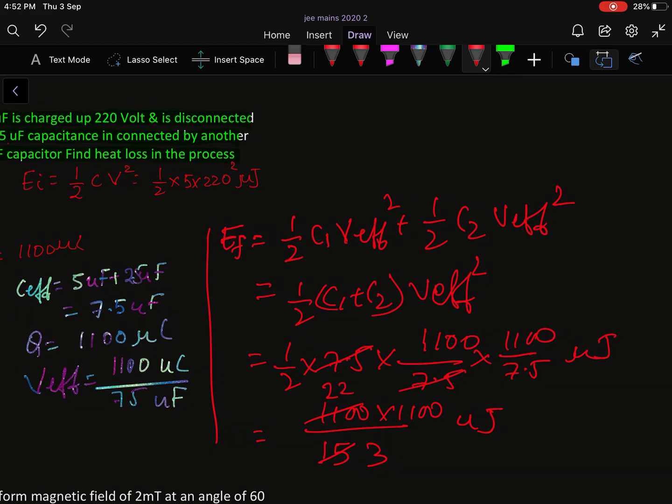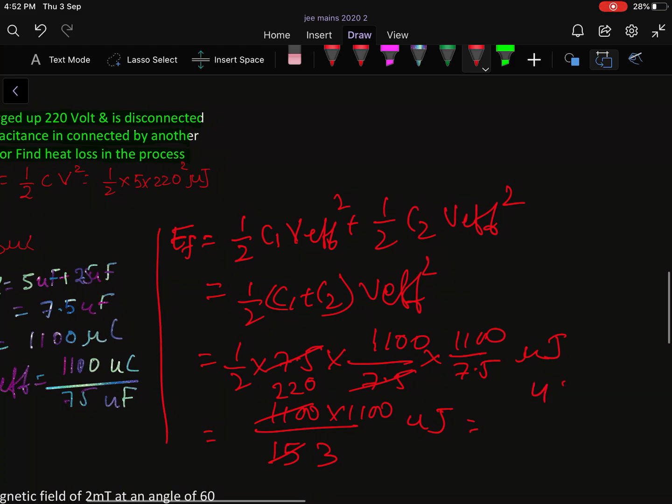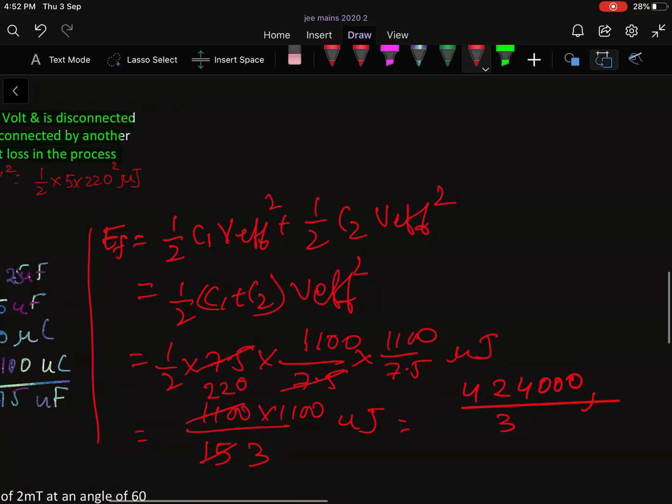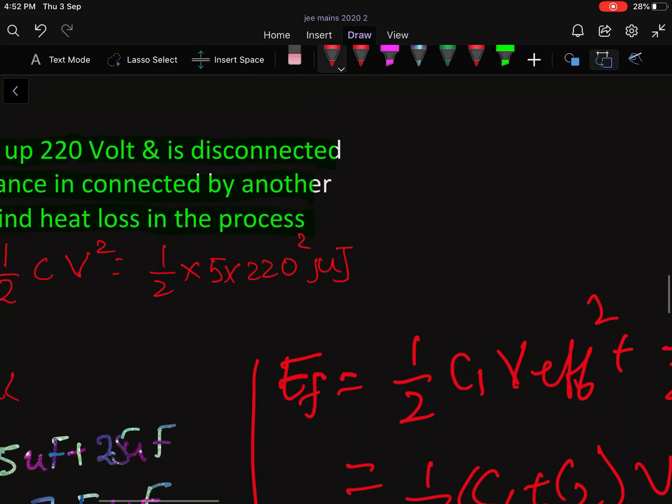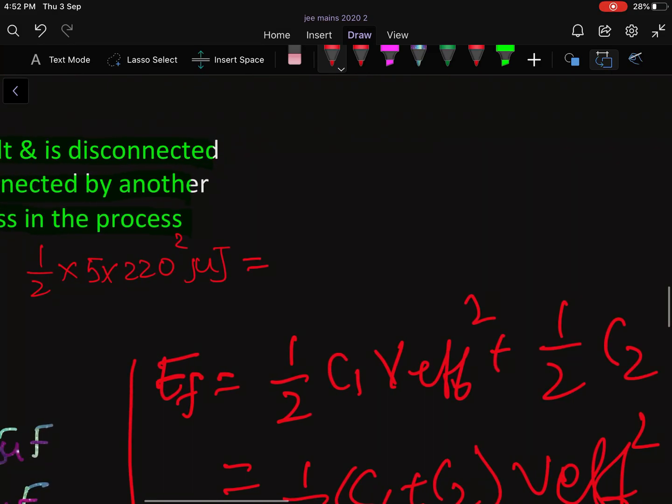Solving it, it will be 242000 by 3 microjoule. Now you know the initial energy: 220 into 220 into 5 by 2 microjoule.